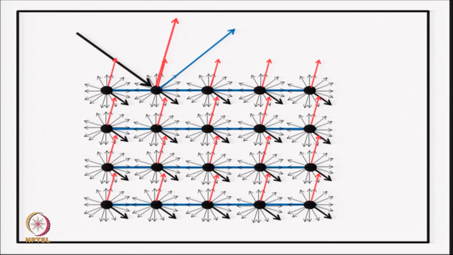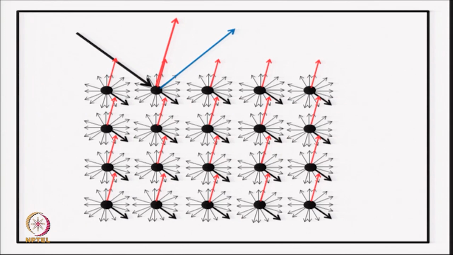Now, the black incident beam and the red diffracted beam do not appear to be reflected from this blue set of planes. But Bragg's law assures us that we will be able to find another set of planes from which this red diffracted beam also will appear to be reflected. So, let us try that.